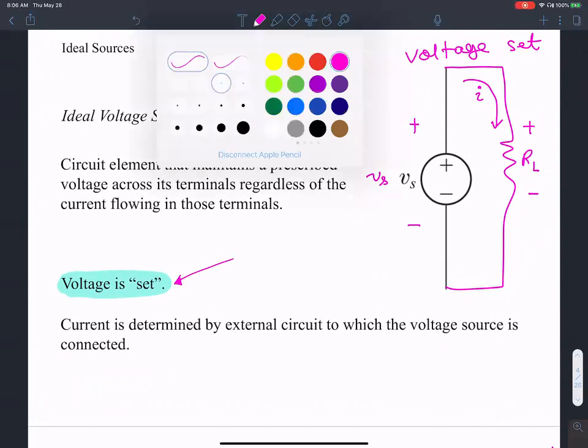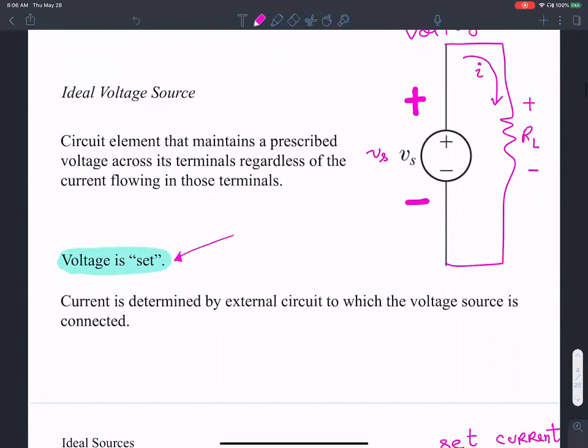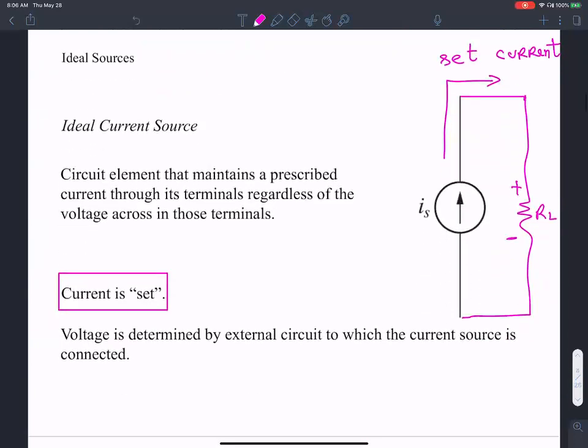Even if the load value, the external circuit, is changing quite a bit, up or down, the voltage across the voltage source is set. The current could be varying, but what is constant is the voltage across a voltage source. Similarly, the current coming out of a current source is set.